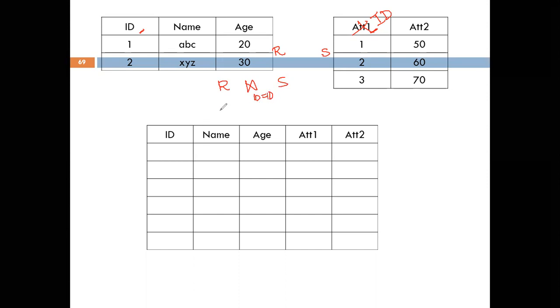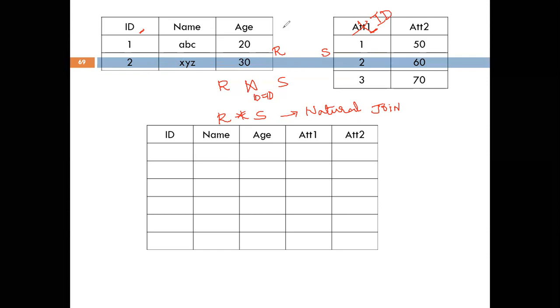what we can write is R, and we can simply write the star operator. This star operator is a natural join. This natural join can be used when we want to join two tables on an attribute whose name is the same. So the first condition here is that the attribute name should be the same in both the tables.